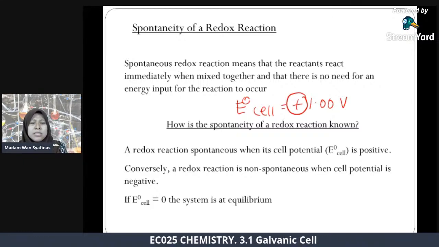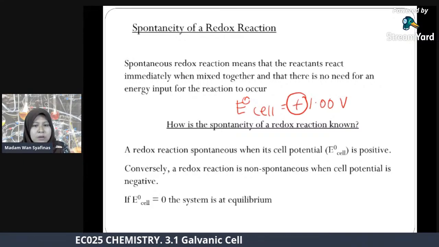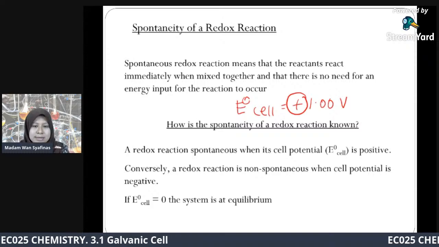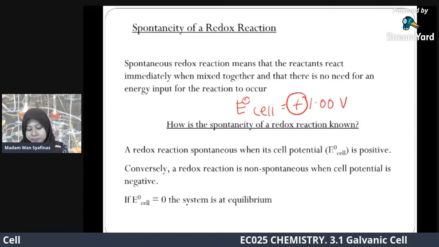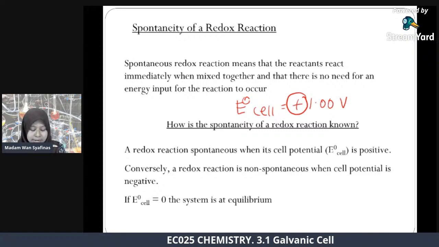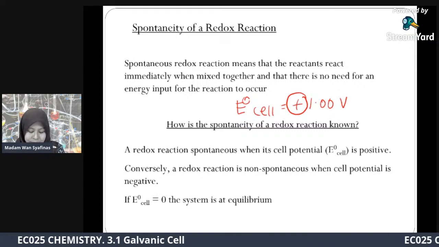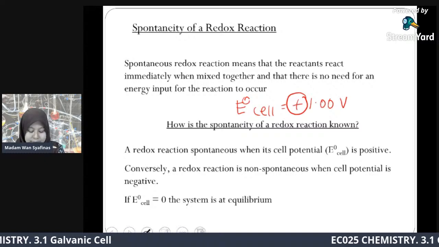Nak detect dia macam tadilah. Kalau value dia positif, maksudnya dia spontaneous. Kalau value dia negatif, dia adalah non-spontaneous. Nampak senang kan nak tentukan spontaneous or non-spontaneous tu. Yang ni dia suruh kita predict.